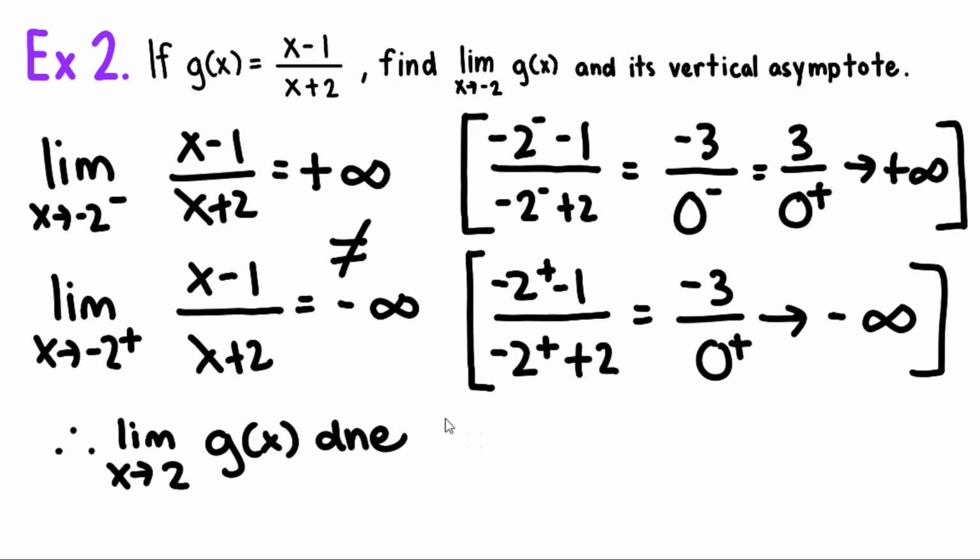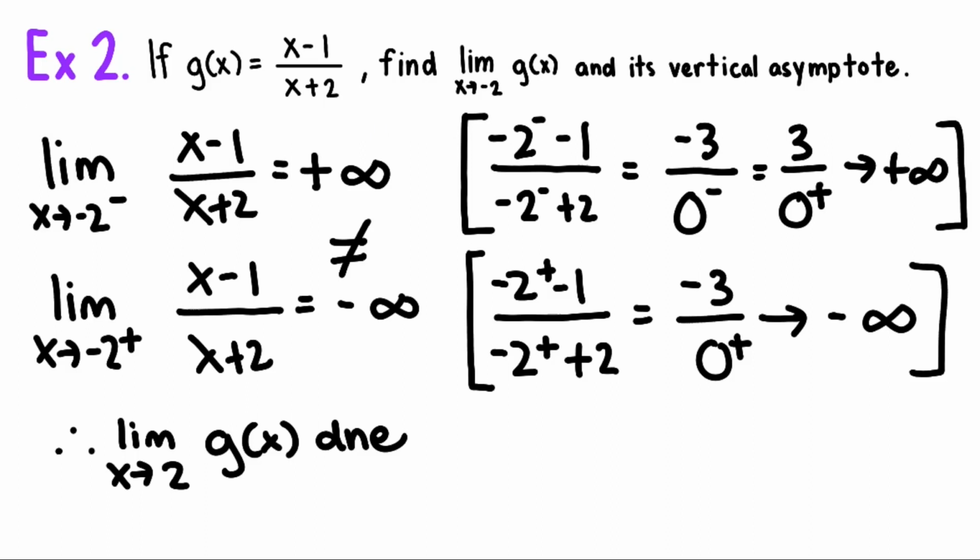In the first place, we already knew that it does not exist, but now we know that the one-sided limits are not equal, so there's nothing special with it, like having a positive infinity or a negative infinity. I hope that's clear.